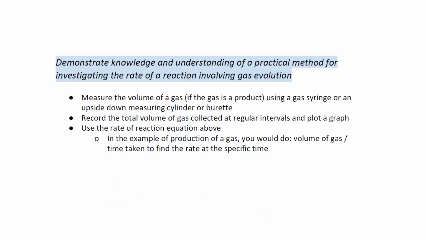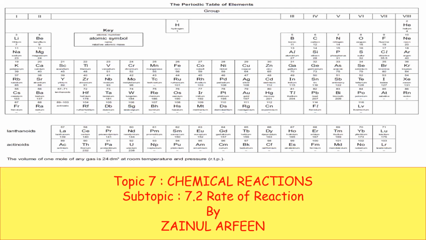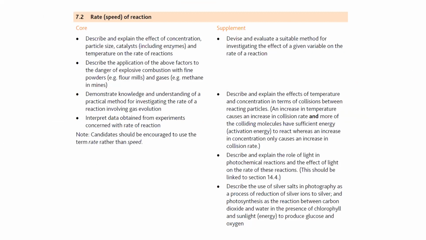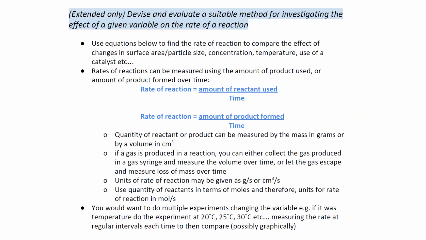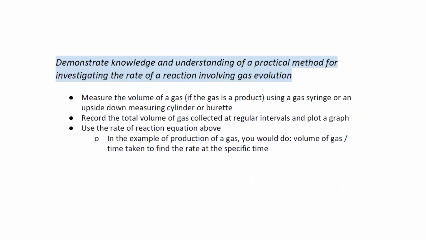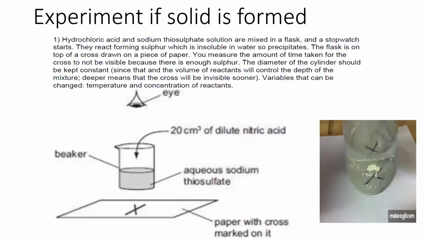A quick revision first and then we'll move on to questions. Topic 7.2 is about the rate or speed of reaction, which means how fast the reaction proceeds. We call that the rate. It can be measured by the amount of reactant used divided by time, or the amount of product formed divided by time. We can measure the rate by measuring the volume of a gas, or by working out the time the cross takes to disappear.